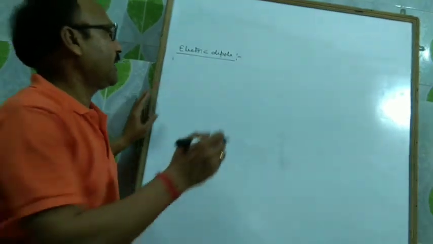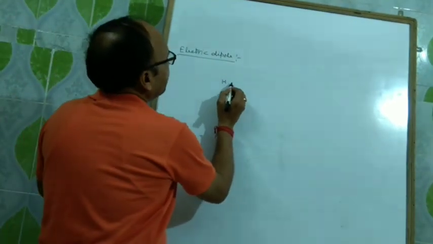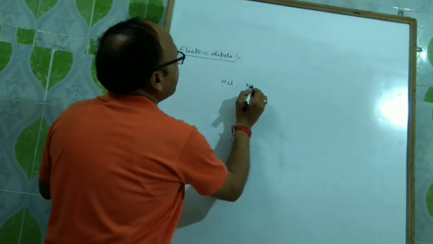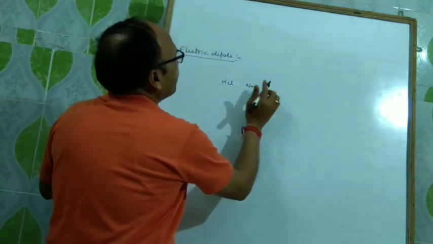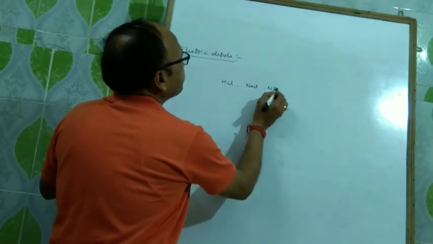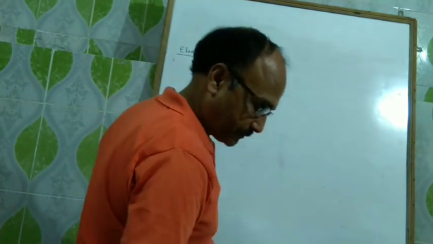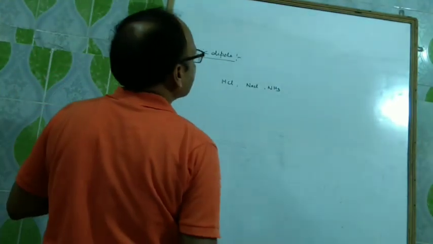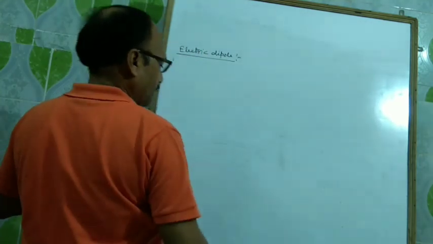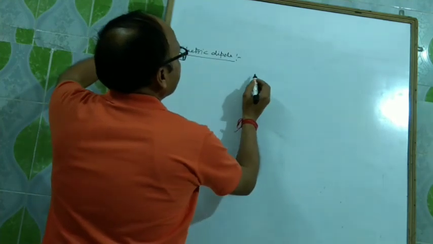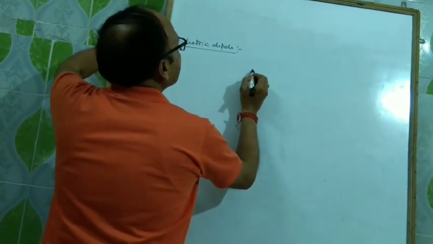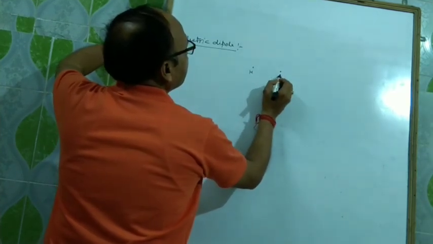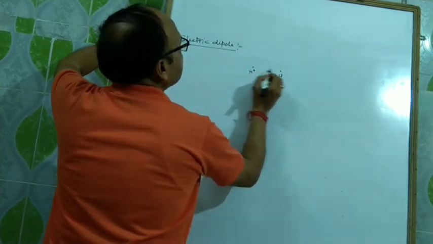For example, HCl molecule, NaCl, NH3, etc. After this, suppose you are taking this HCl molecule, this is the hydrogen atom, this is the chloride atom, this is H plus, and this is Cl minus.